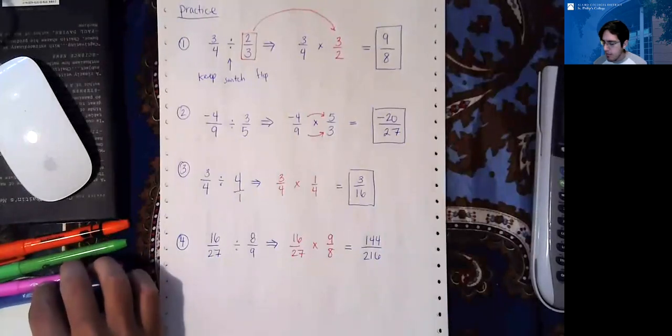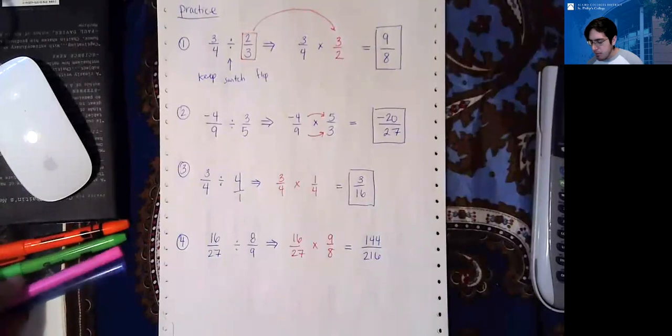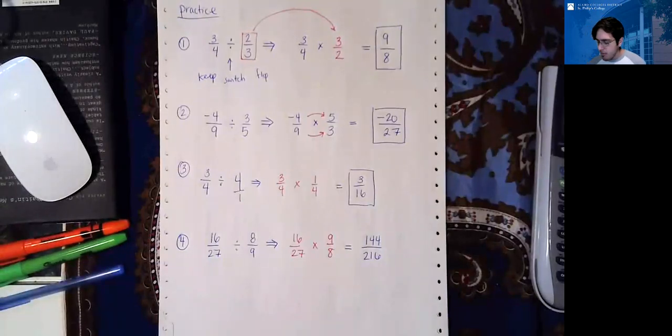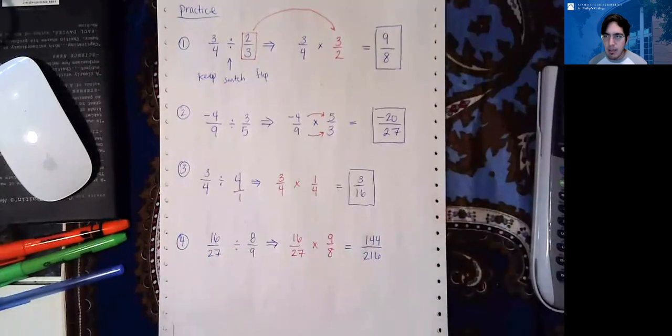Any ideas? It could be a relatively small number, but we're just looking for some number that divides into both 144 and 216 evenly. 12 will work.